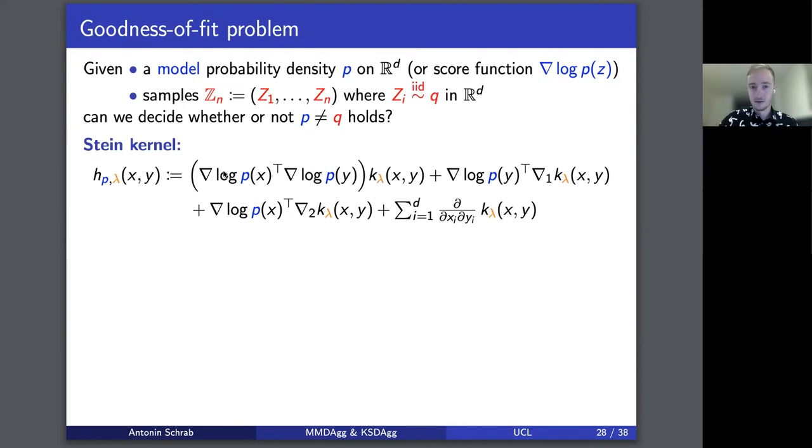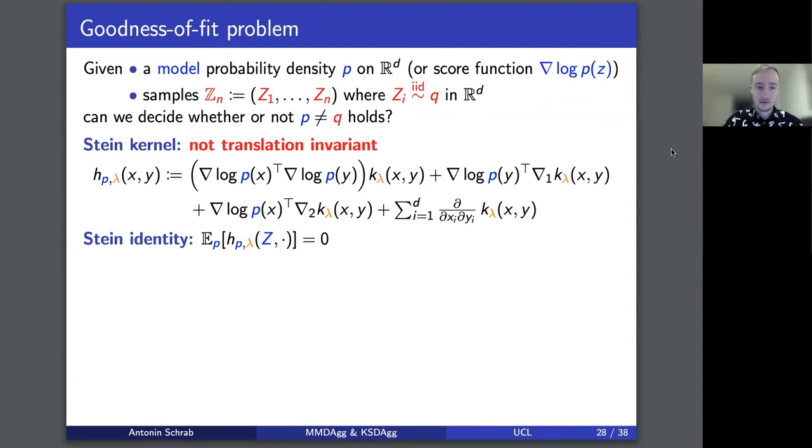And here, as you see, only the score function appears. We never need P itself. So as long as we have the score function, we can compute this Stein kernel. However, this Stein kernel is not translation invariant, while our K was translation invariant. And so this is going to make the thing quite more difficult to work with, as I'll mention later.